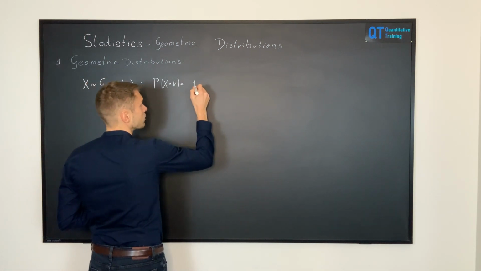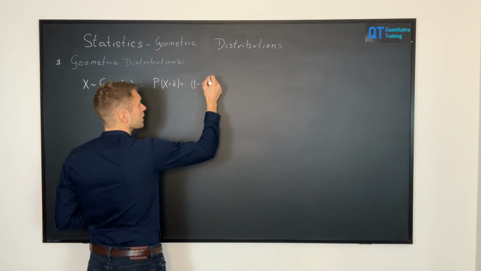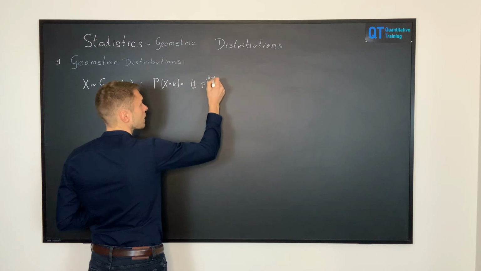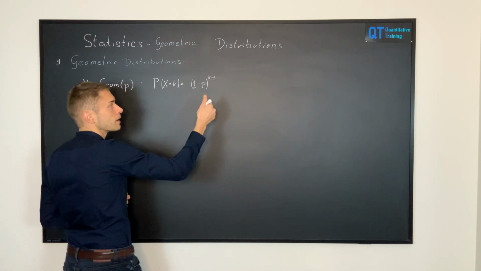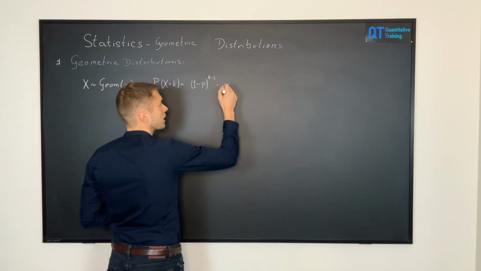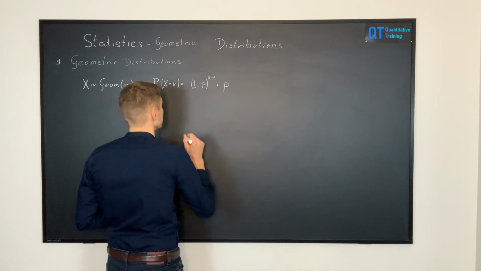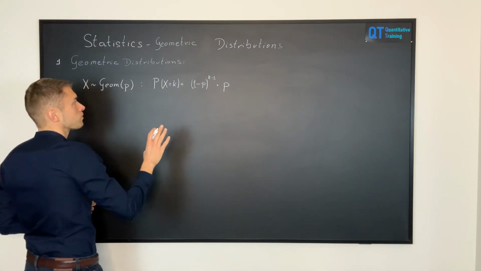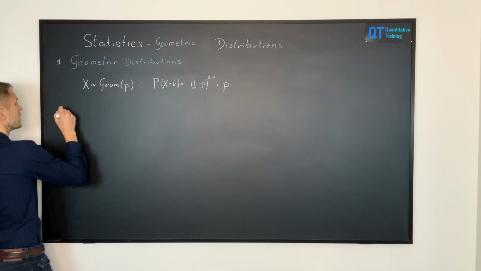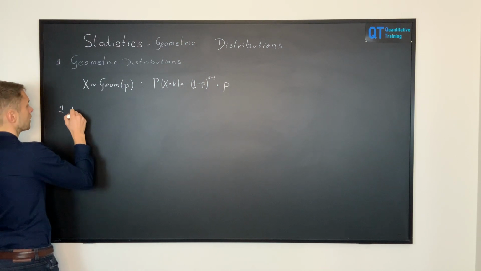So we have (1 minus the success probability) to the power k minus 1, because we have k minus 1 times no success, and then for the kth time we obtain the result that we declared as success with probability p.